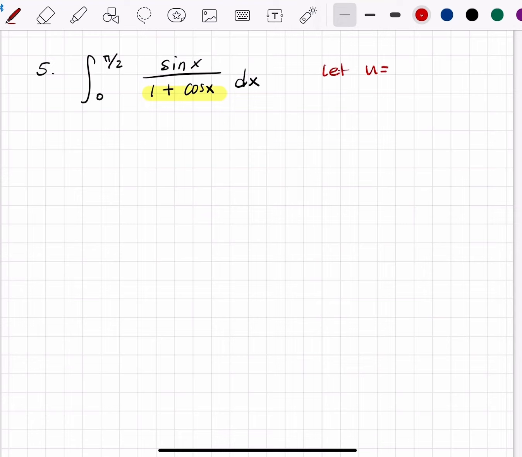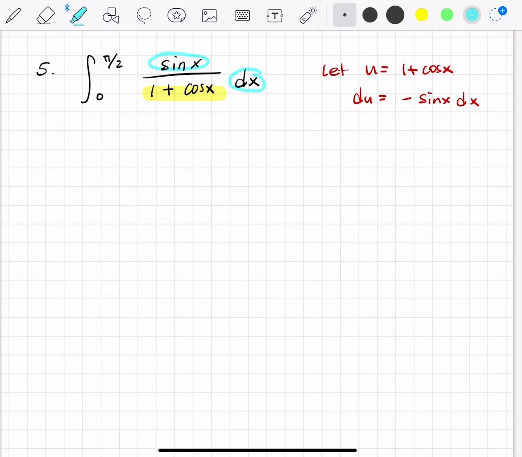So let u equal 1 plus cosine of x. Then du is going to be negative sine of x dx, because the derivative of cosine of x is negative sine of x. Do we see? Sine of x dx.